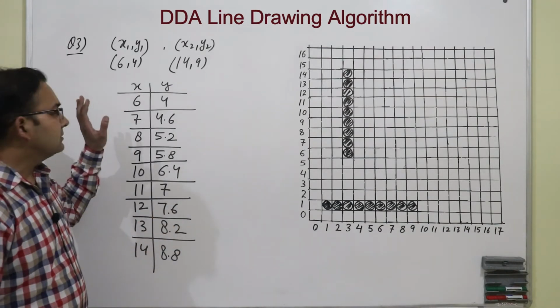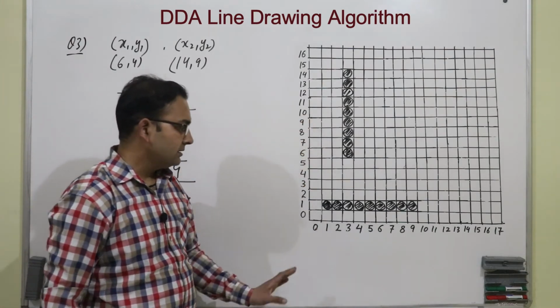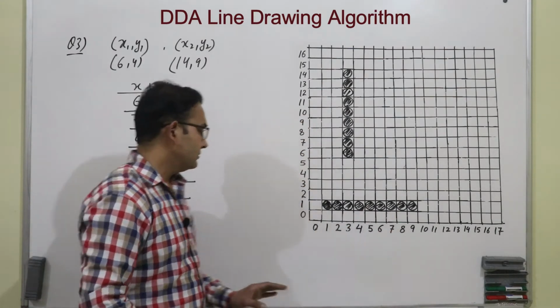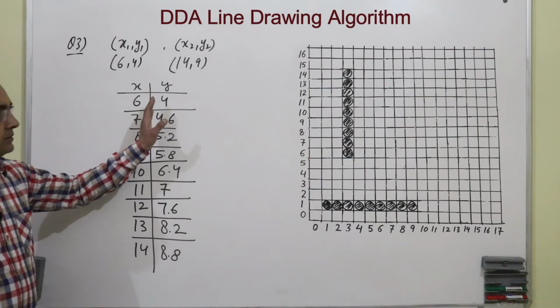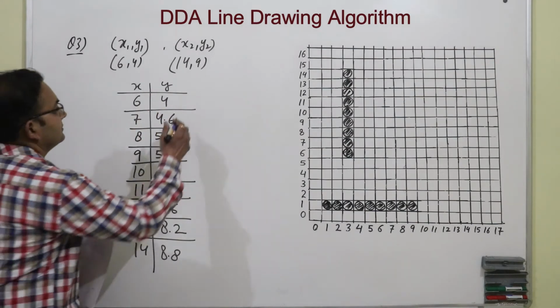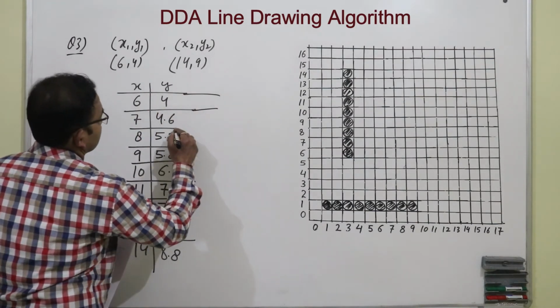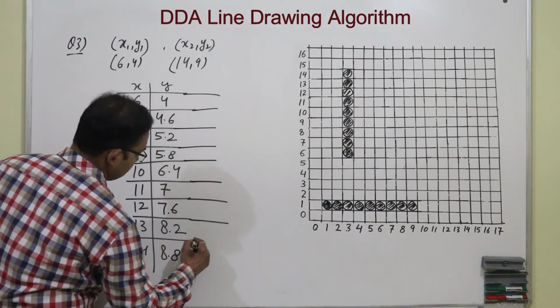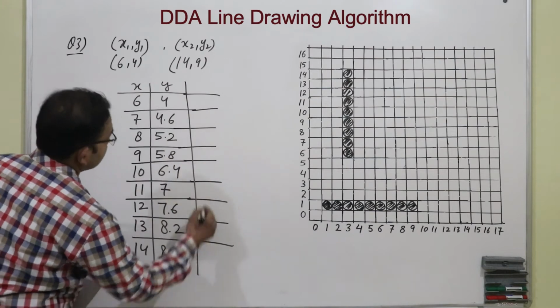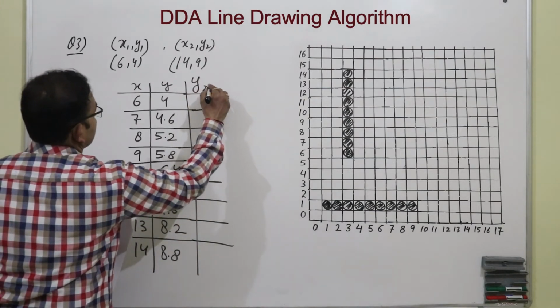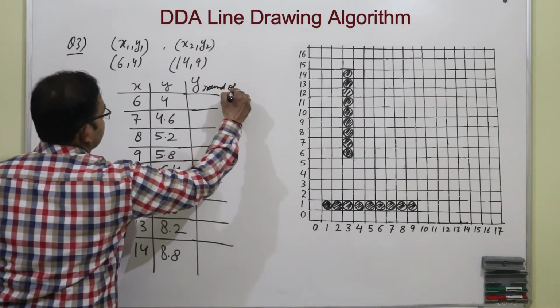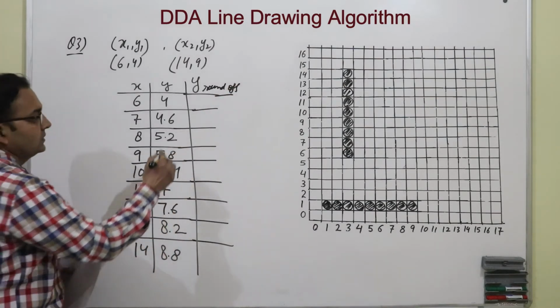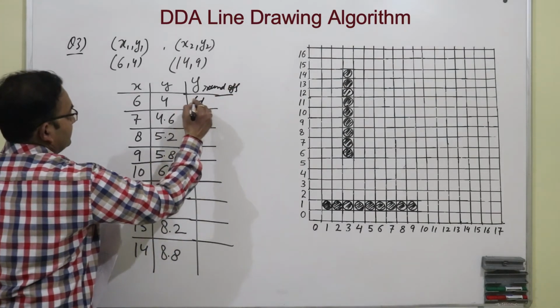So we cannot locate these coordinates here because here is integer value. So what we will do, we will round off these values. So y round off 4.